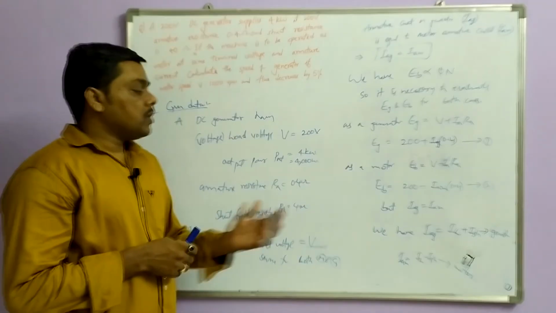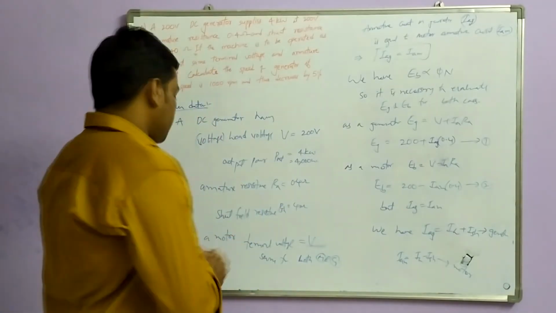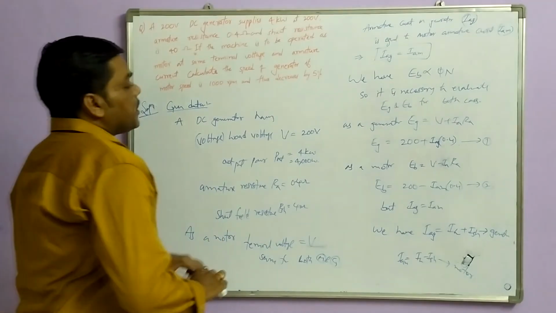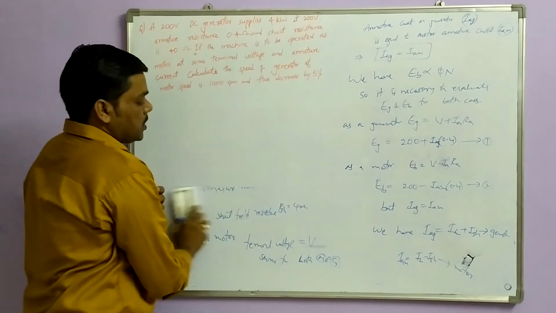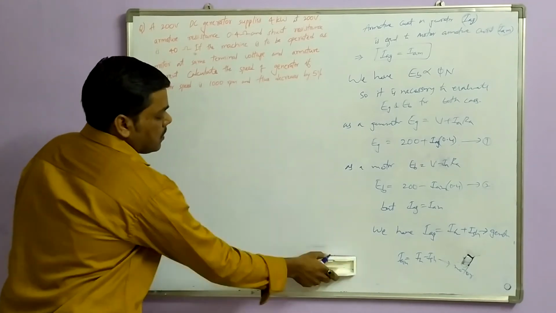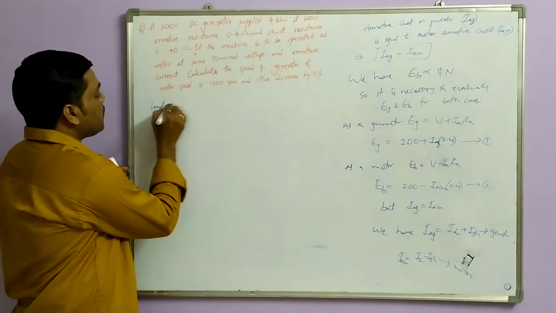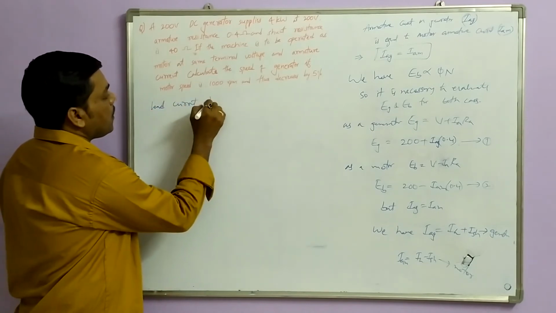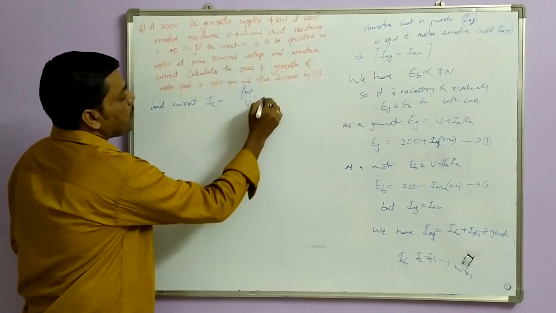Now let us see how you calculate IAG and IAM. So IL as well as ISH, I am taking from the given data, which you can check from the problem. First I calculate the load current. IL is equal to output power divided by voltage.